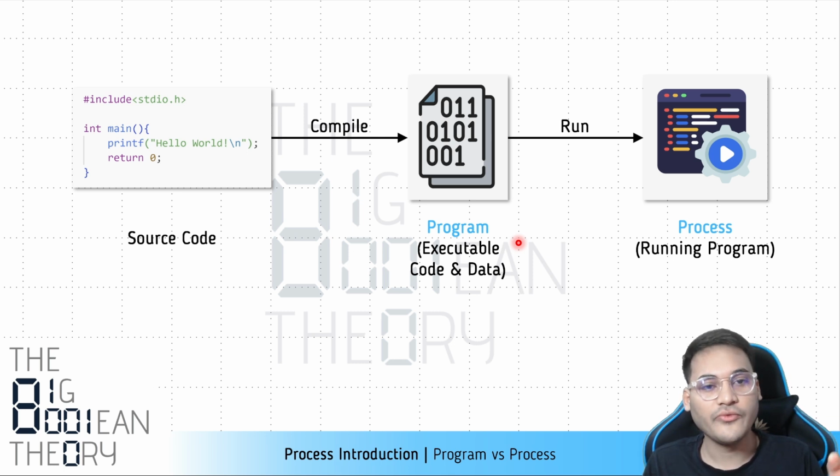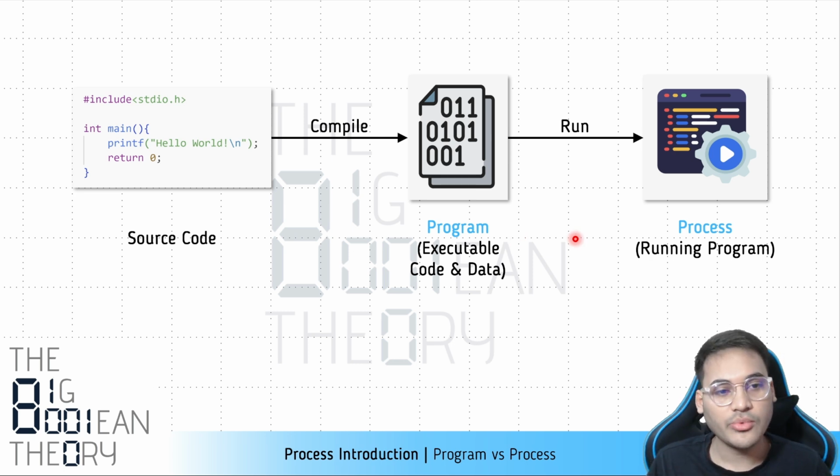Now what we have to do is run this program, and when we run this program, that is when it becomes a process. So a process is a running program, and when a process is running, the instructions of the program that were generated are getting executed, data is being manipulated, and you can see the activity, you can see the results on the screen. You as a user can provide some input and see the output.